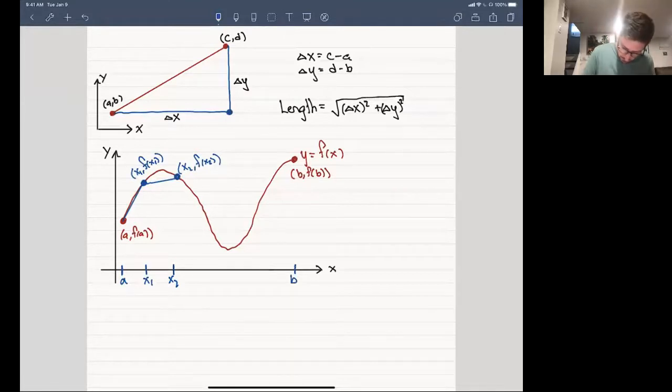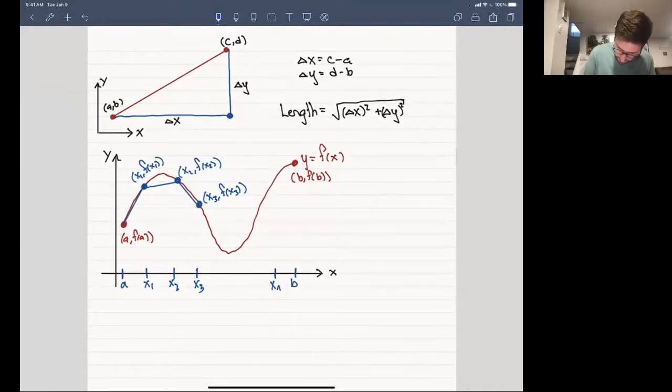So let me draw a couple more of these in here just so we can get the point across. I'm drawing them purposely far apart, of course, just so that we can really see what's happening here. And then maybe let's put an xn on the back here. So I get xn, f of xn, and let me put a drawing in here.